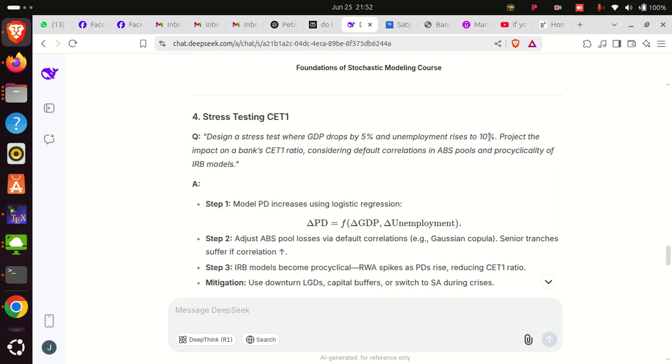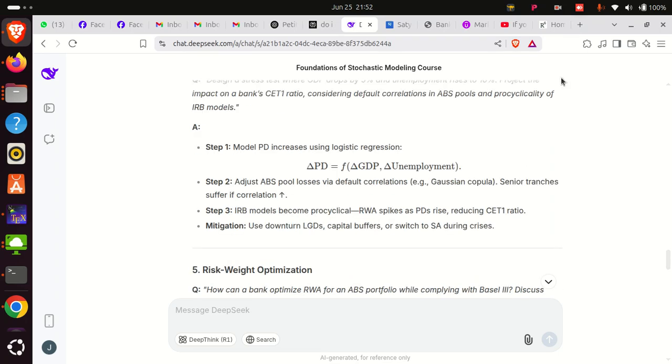Then we adjust the ABS pool for default correlation using a Gaussian copula, and senior tranches suffer if correlation is positive. The IRB approach becomes procyclical. The RWA rises, PD rises, reducing the CET1 ratio. Mitigation: use a downturn LGD, a capital buffer, or switch to the standardized approach during a crisis.